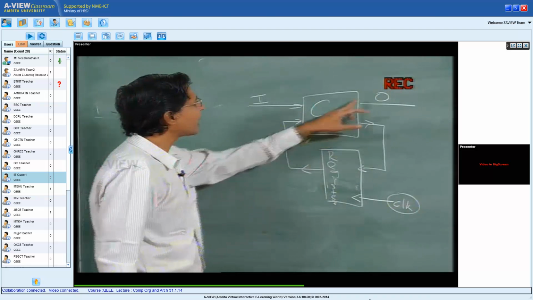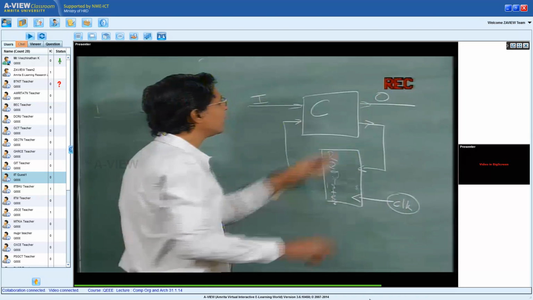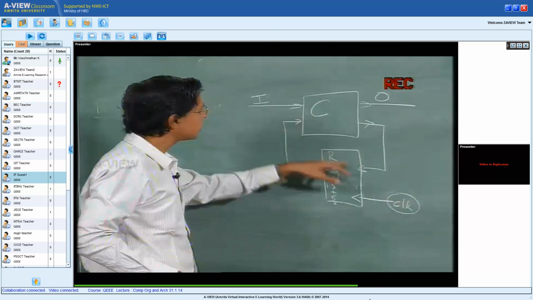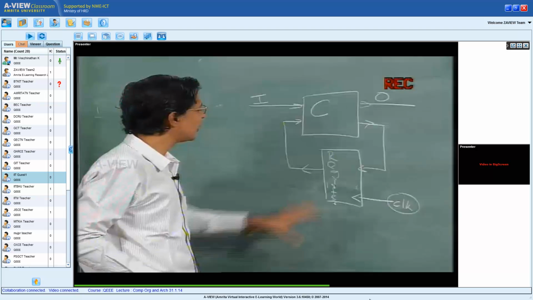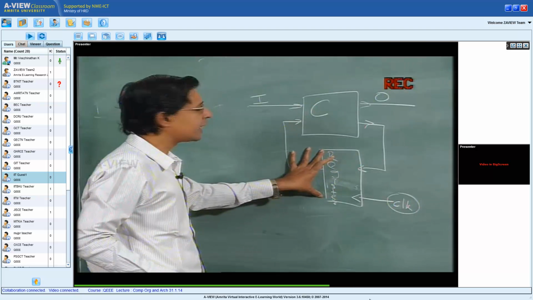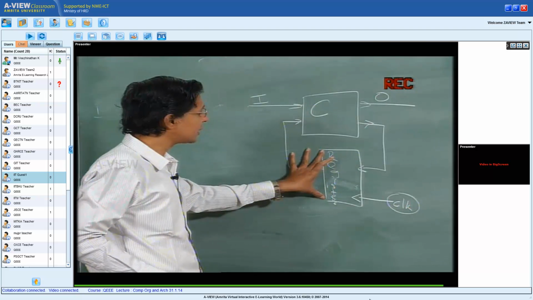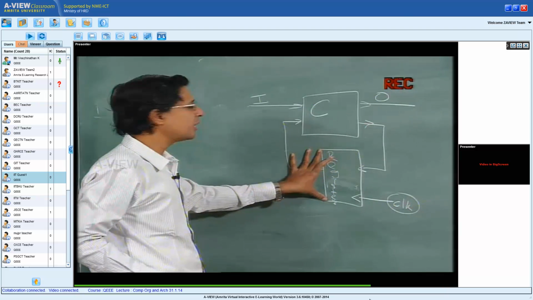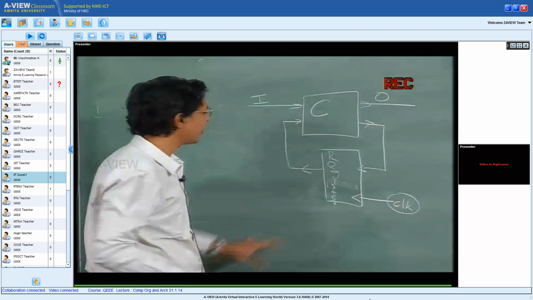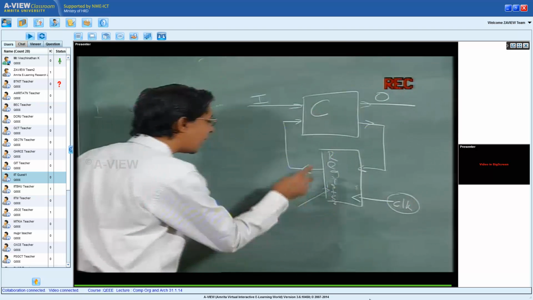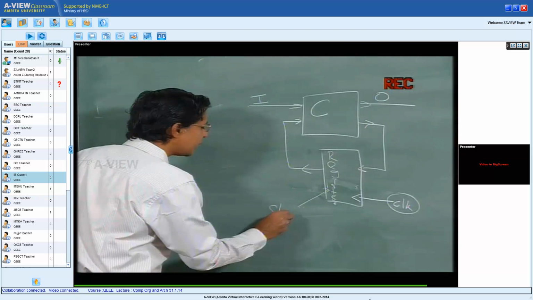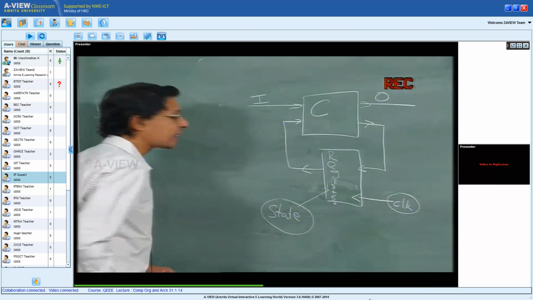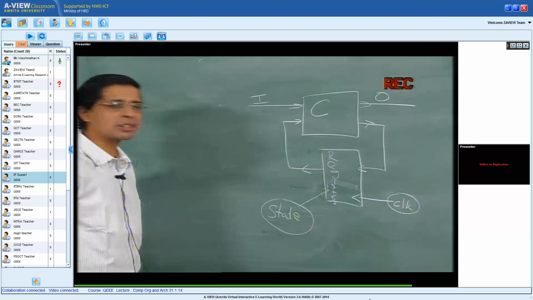So the output is a function of the current inputs plus the contents of this register. This is where the history of the inputs, or the state of the circuit, is being stored. So the value of the registers represents the current state of the circuit.